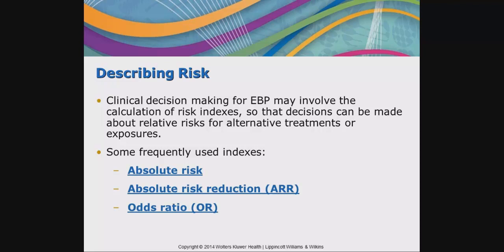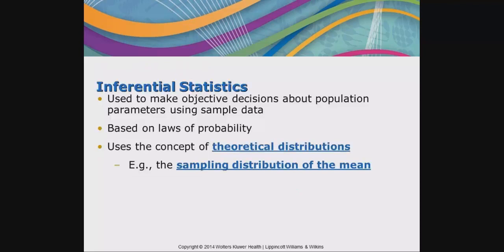So you want to make sure that what you're looking at is solid. And so you do that by understanding risk and absolute risk. And that's how you determine whether to implement something into practice or not.